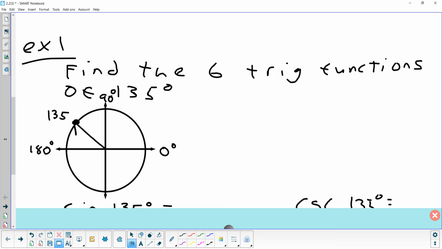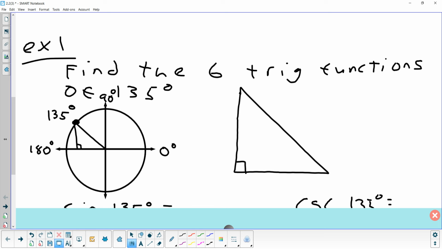Make a triangle. I'm going to draw that same triangle a little bit bigger over here. So we know that 135 is a multiple of 45. Because it's a multiple of 45, that means it's going to be my 45, 45, 90 right triangle.